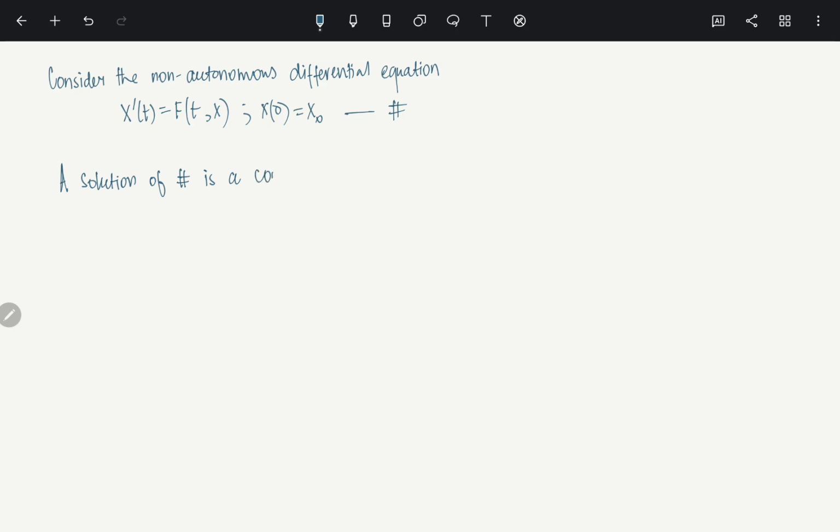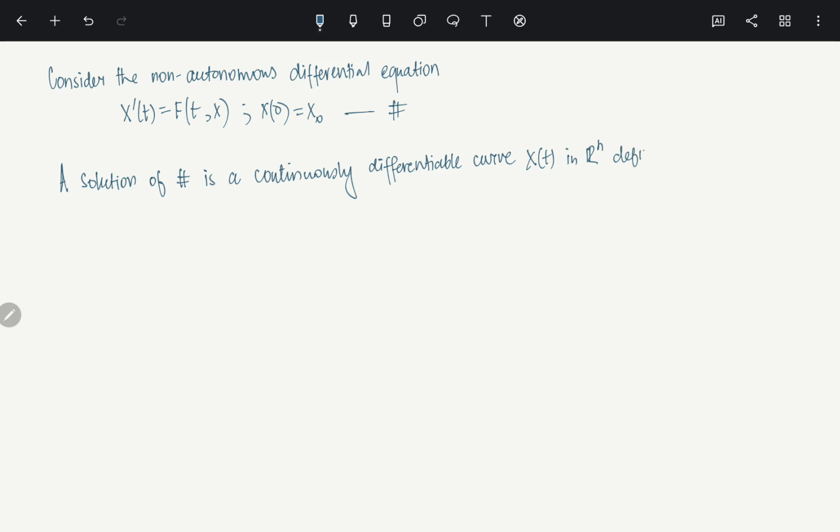Let's just put it this way: a continuously differentiable curve x(t), in R^n. Clear?